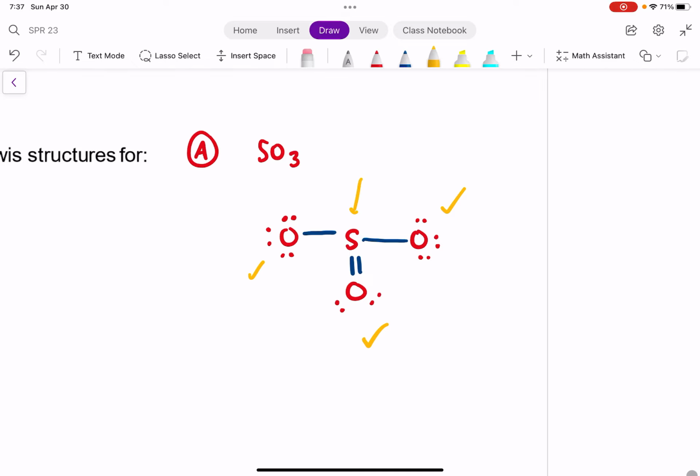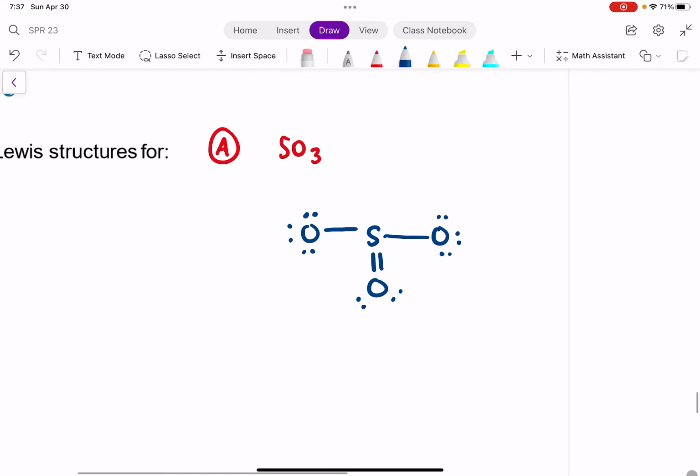And sulfur has 2, 4, 6, and 8. Sulfur's happy too. So in this case, sulfur didn't even have to have more than an octet. That's great, and this would be your Lewis structure for SO3. Kind of cool. Well, minus the check marks. Let's clean it up so that it's all one color.